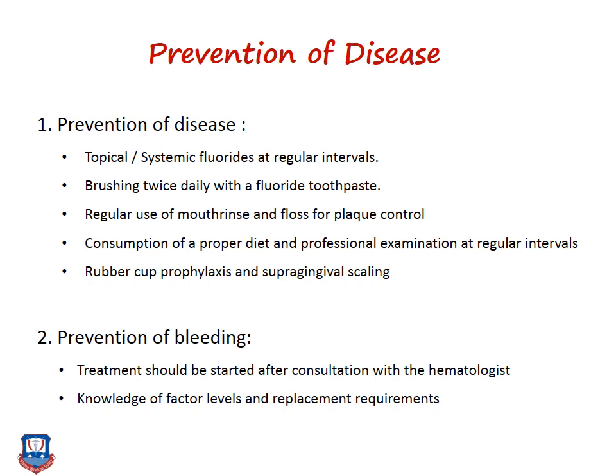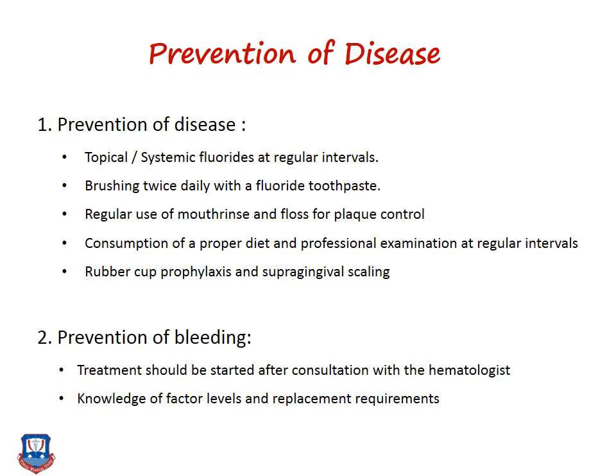By application of topical or systemic fluorides at regular intervals, by brushing twice daily with a fluoridated toothpaste, regular use of mouth rinses and floss for plaque control, consumption of a proper diet and professional examination at regular intervals, and rubber cup prophylaxis and supragingival scaling. So these are a few of the preventive management or treatment measures that need to be followed by these patients.